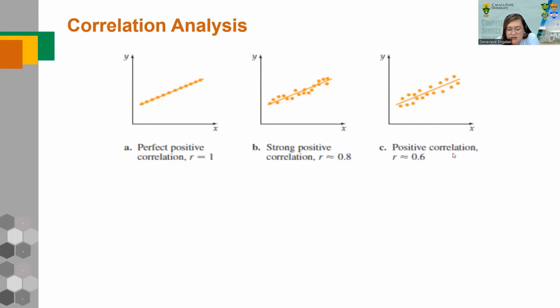So naa siya positive correlation, ang R ani is approximately 0.6. So pasabot class magkagamay imong R, magkaduol sa 0, magkalayo pud ang mga points sa imuhang regression line. So positive kay increasing gihapon. So these are positive tanan. Kini lang perfect kay nasulod tanan ang points.